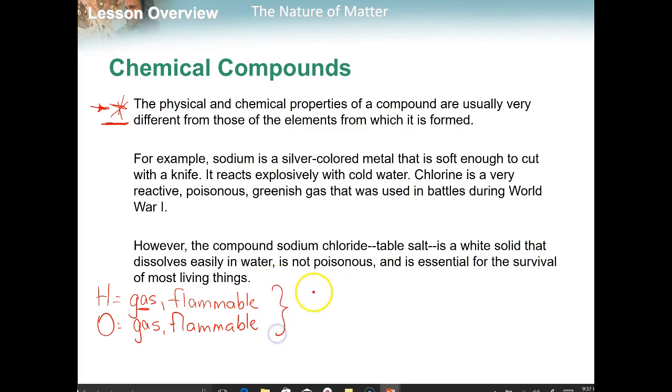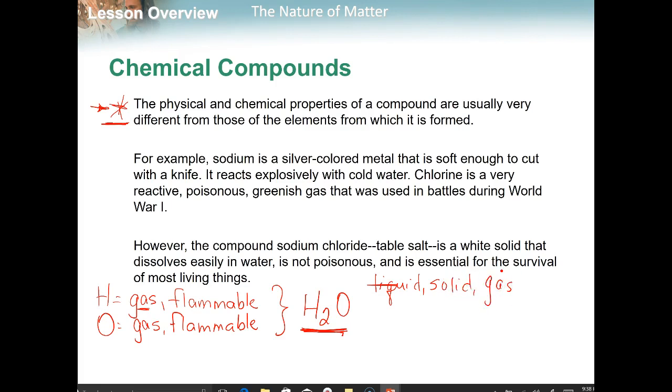But if you have H2O, 2 hydrogens and 1 oxygen that come together, the physical and chemical properties of this water are quite different from those of the individual elements. Water, we know, can be a liquid, a solid, or a gas.